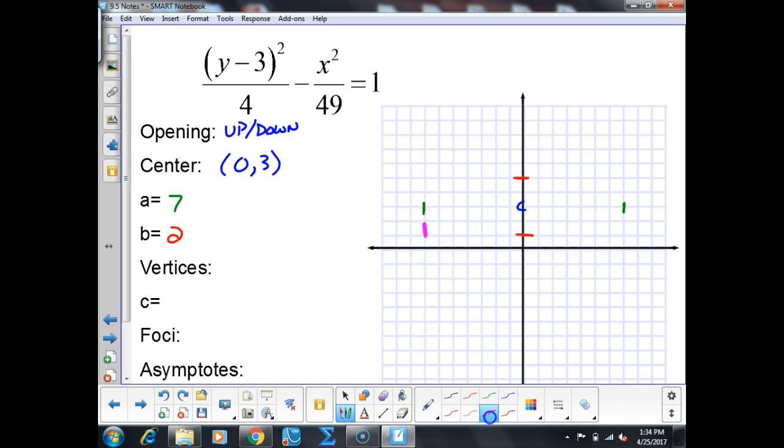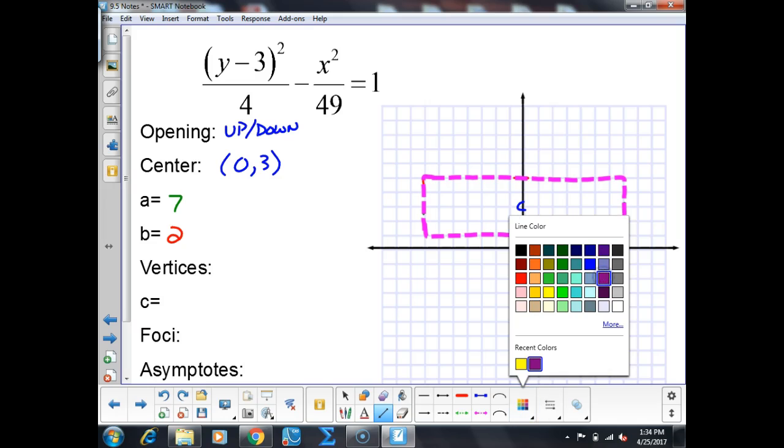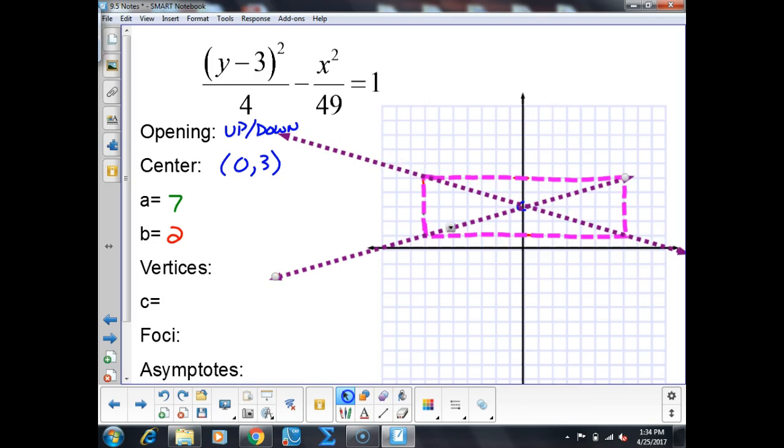Draw it in. Okay. Draw my diagonals. Okay.